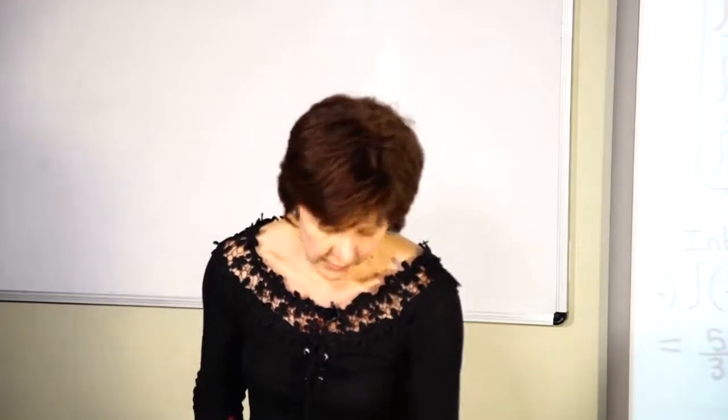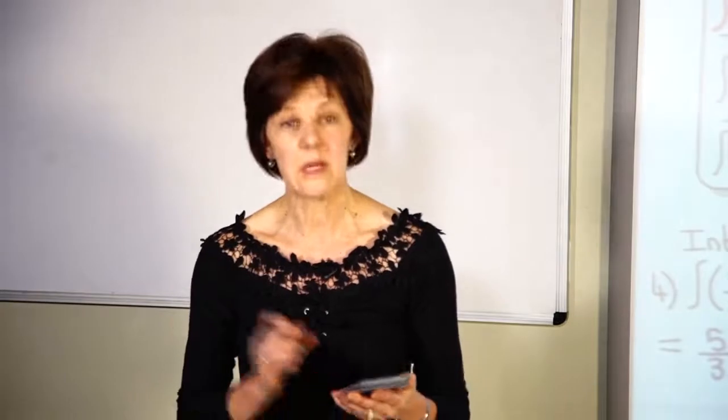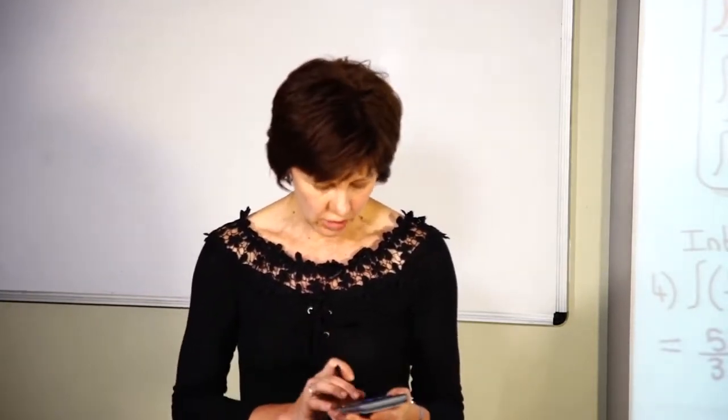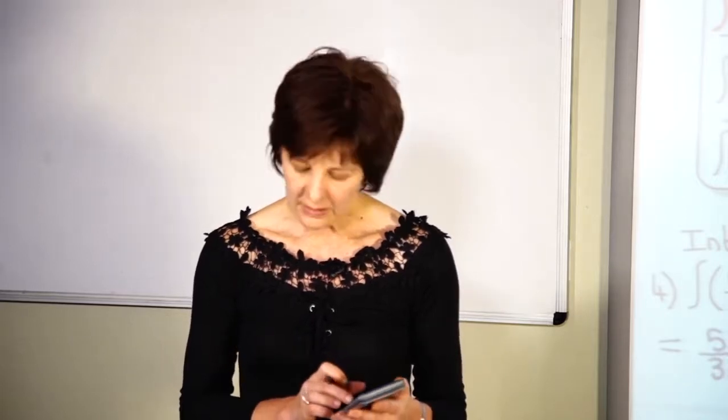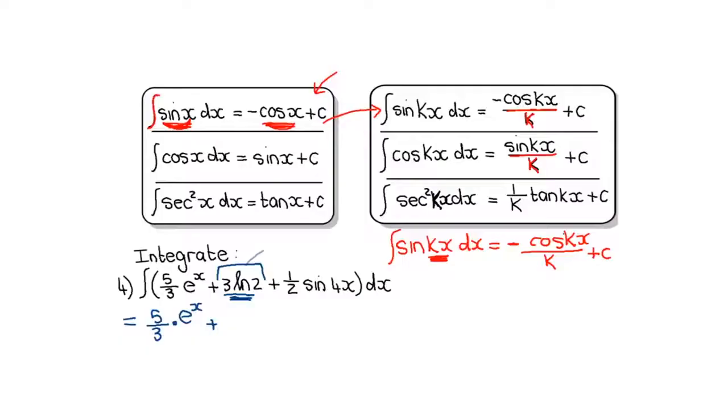And I want you to actually take your calculator. If you take your calculator and you go to the right hand side, on my calculator it's on the right hand side, and you say actually what is 3? Press the ln button, 2, 3 ln 2, gives me a number. It gives me the value 2.07944, and there are more places after the decimal.